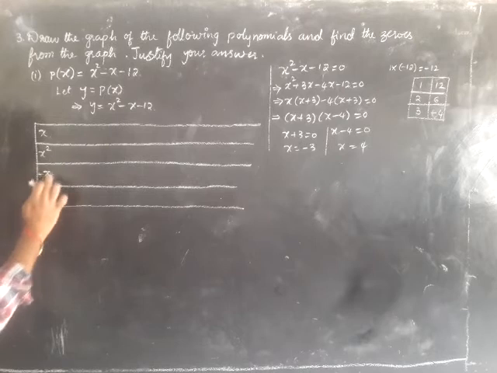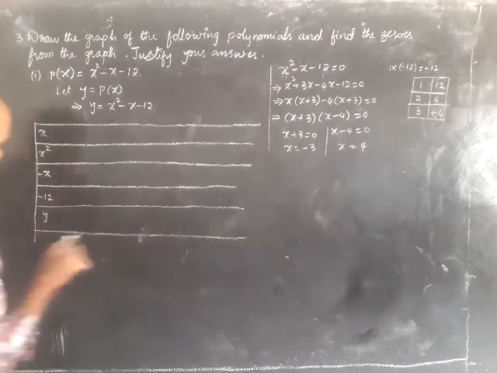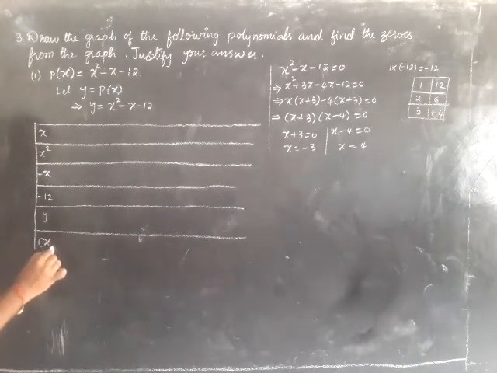These three rows if we add we get the y value. Then our point is x comma y.